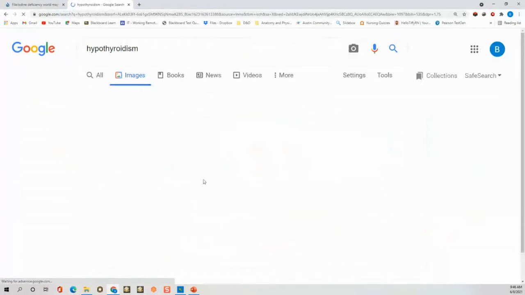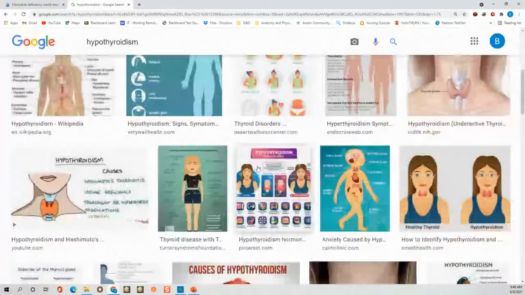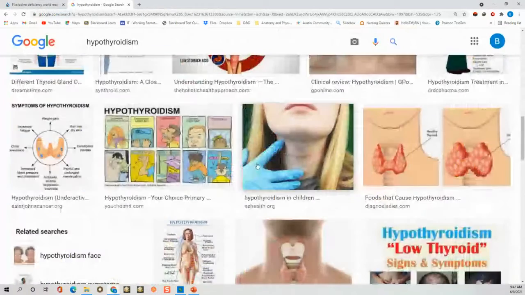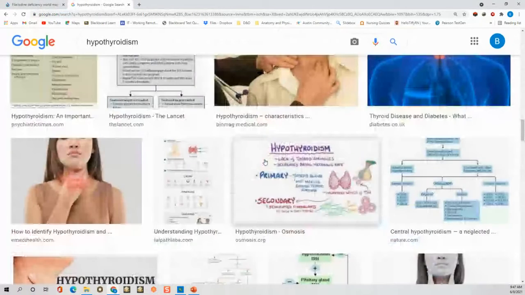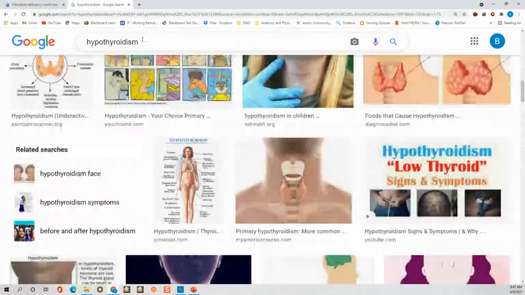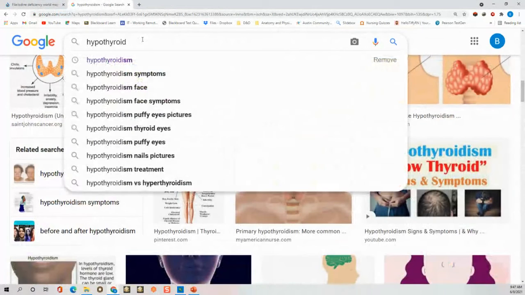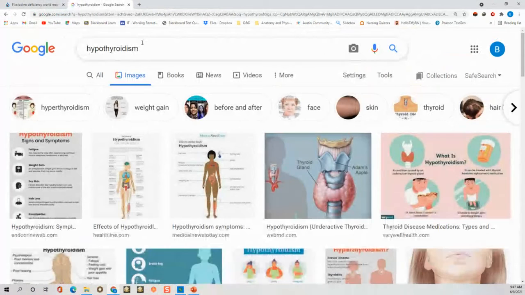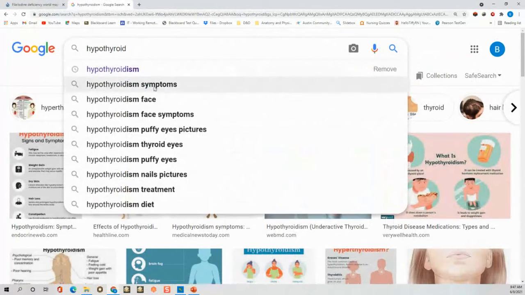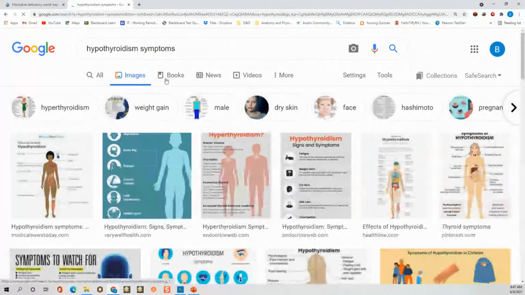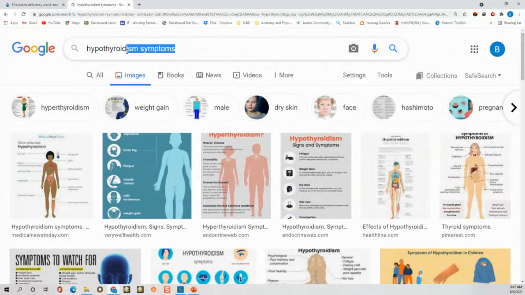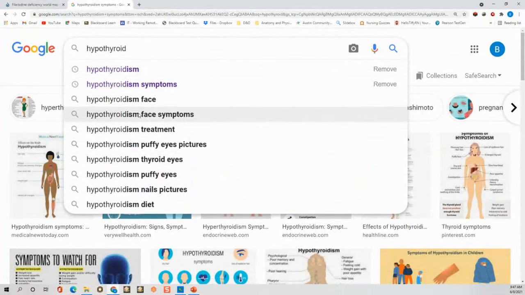I'm trying to show you somebody with hypothyroidism, but I guess I searched for the wrong thing. Let's try symptoms, face symptoms.